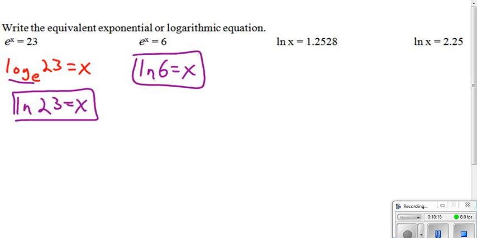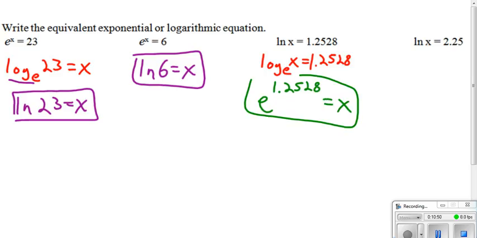Now over here, if we had ln of x equals 1.2528, that would be like saying, remember ln is log base e of x equals 1.2528. Well, if we wanted to rewrite this into exponential form, this would be like saying e to the 1.2528 equals x.